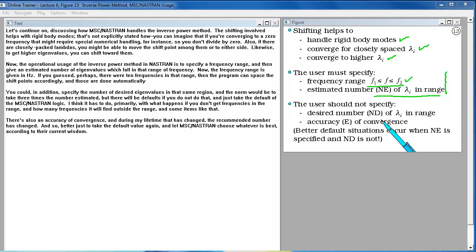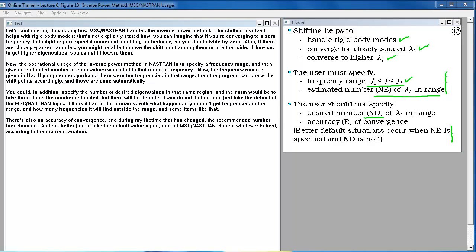You could, in addition, specify the number of desired eigenvalues in that same region, and the norm would be to take 3 times the number estimated, but there are better defaults if you do not do that and just take the default of the MSC Nastran logic.